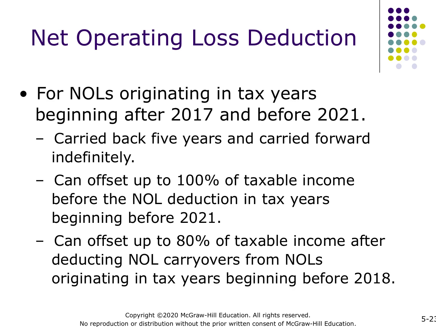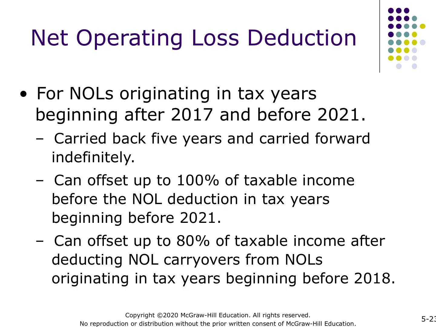So after 2017 and before 2021, they can be carried back 5 years, carried forward indefinitely, and can offset up to 100% of taxable income, okay?